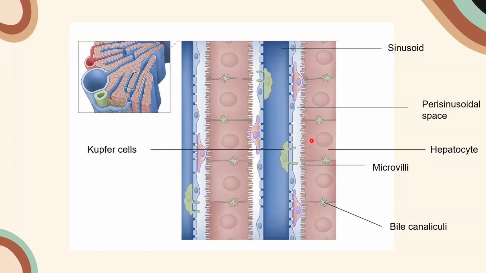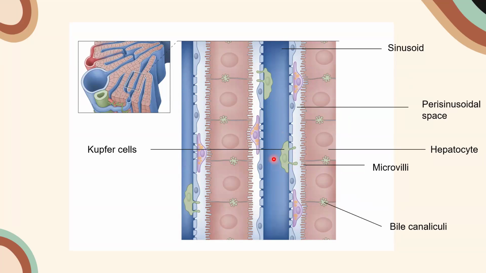These are the hepatocytes, and notice that they have microvilli. The function of the microvilli is to increase the surface area of absorption, so that the nutrients present in the blood in the hepatic portal vein get absorbed easily. What you're also seeing here is Kupffer cells.